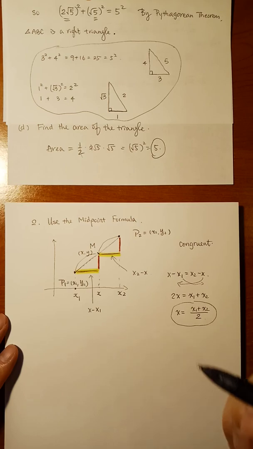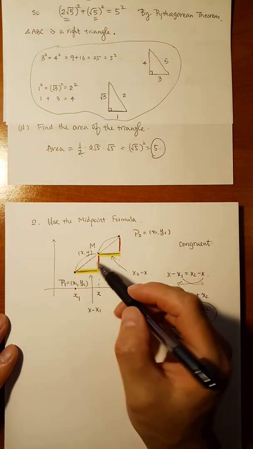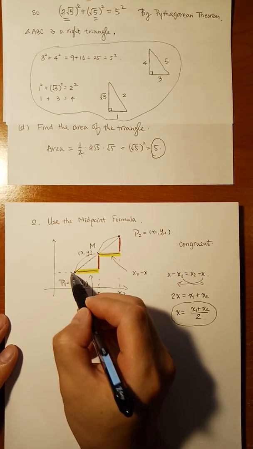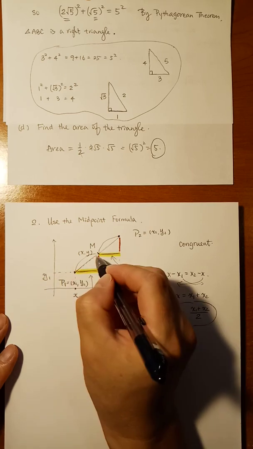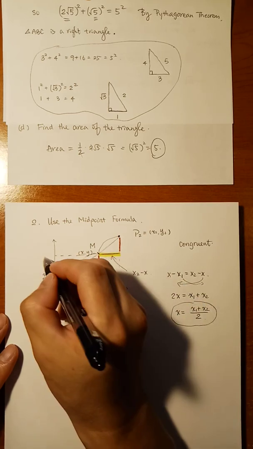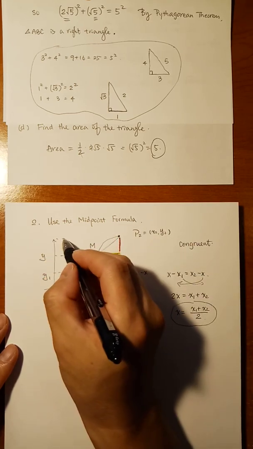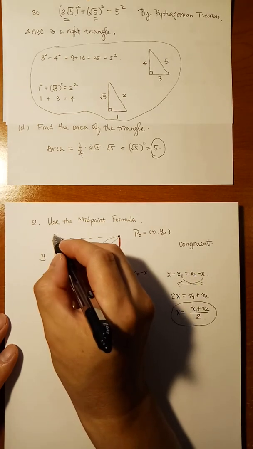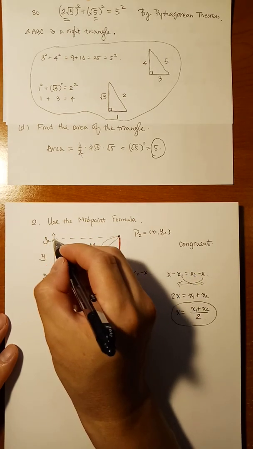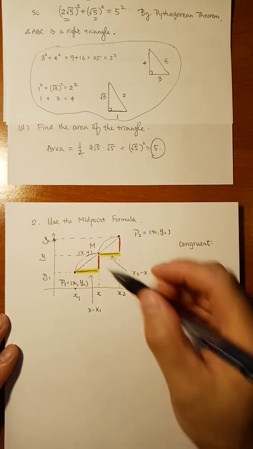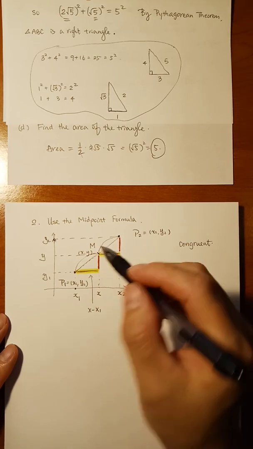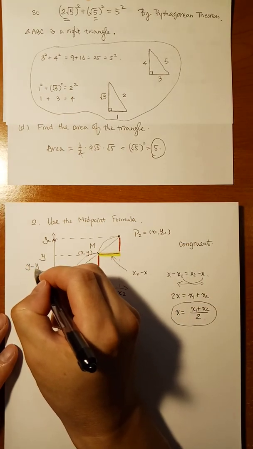By almost the same argument, you see, this is y1. This is y. This is y2. And the lower red segment corresponds to y minus y1.